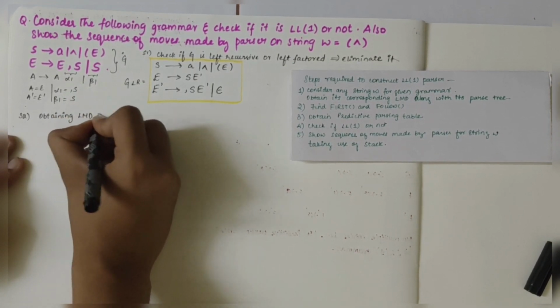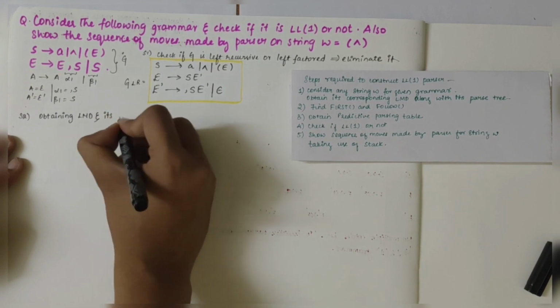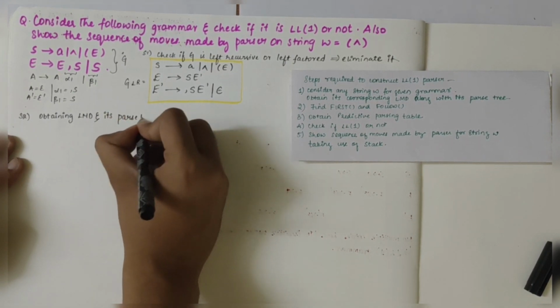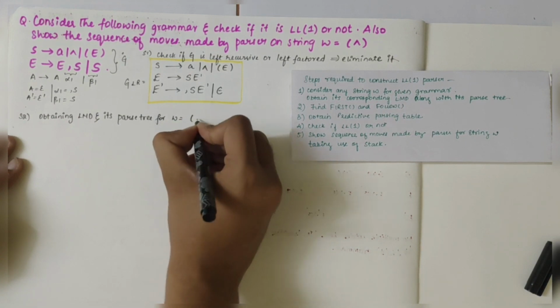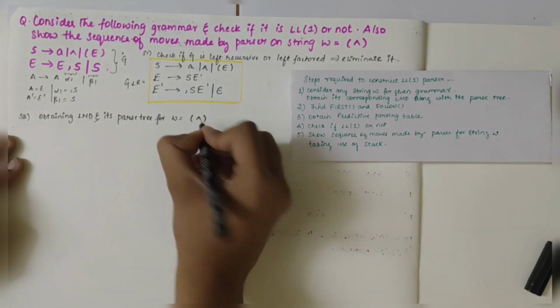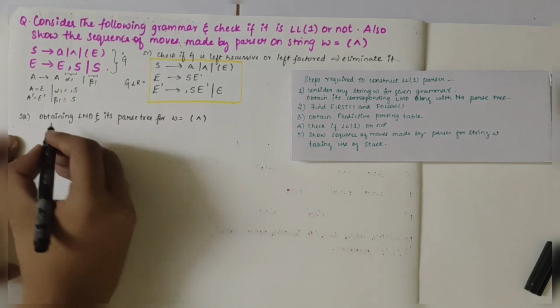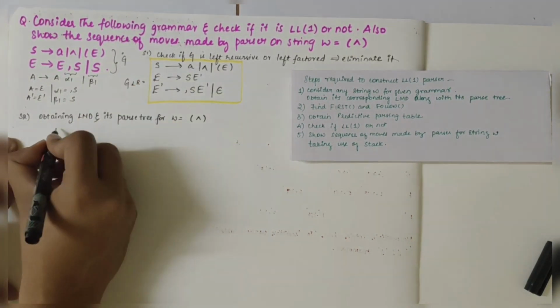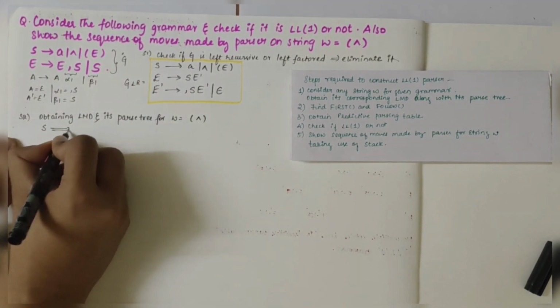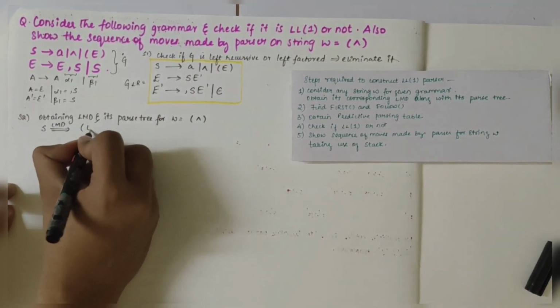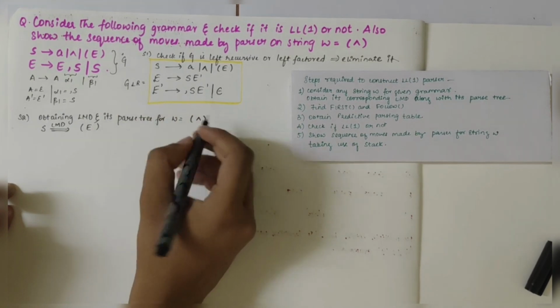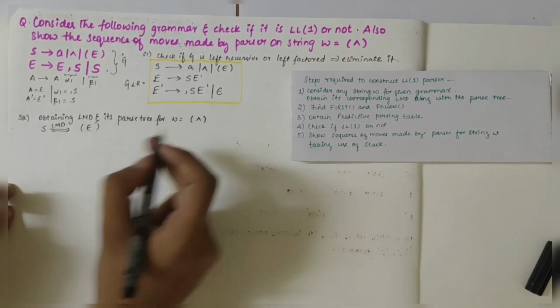Obtaining LMD and its parse tree for the given string, that is W is equal to open bracket, exponential symbol and close bracket. So let me start. Here S derives, in the LMD, S derives open bracket E and close bracket. Open bracket was required, yes. We'll change E symbol to this.